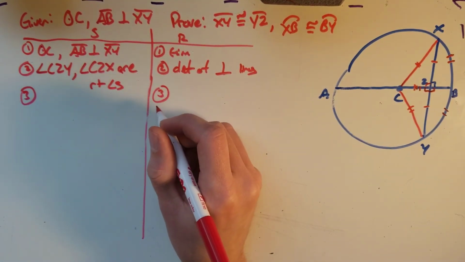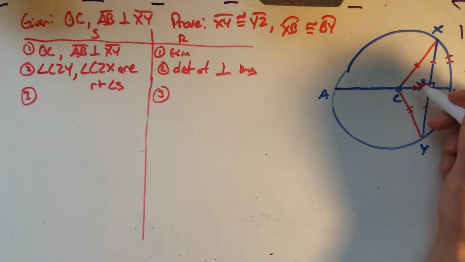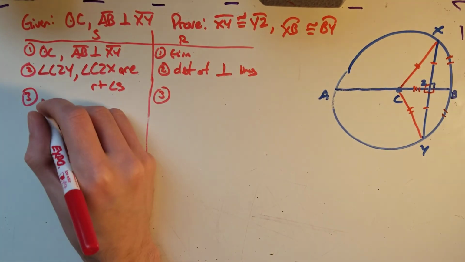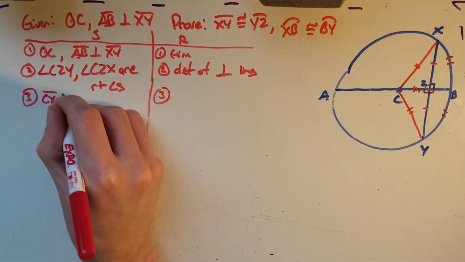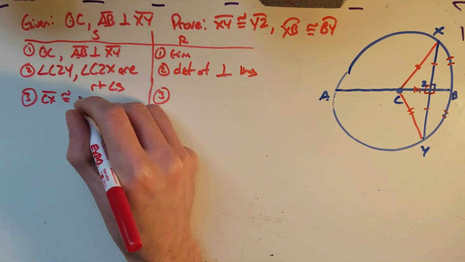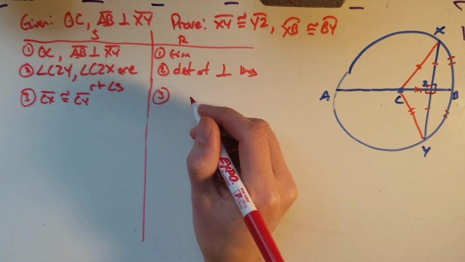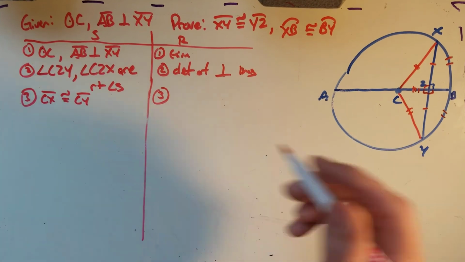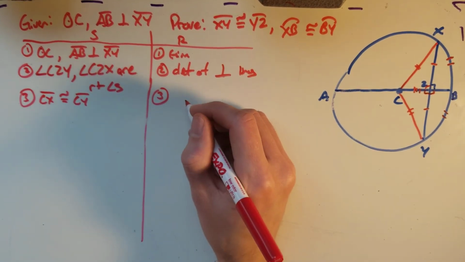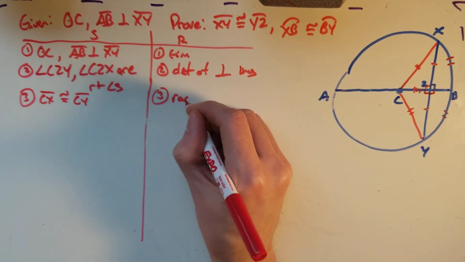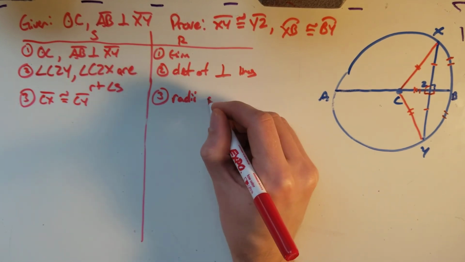So we know we have those 2 right angles. We also know that CX should be congruent to CY, and that's because in the same circle, all the radii are going to be congruent. So radii are congruent.